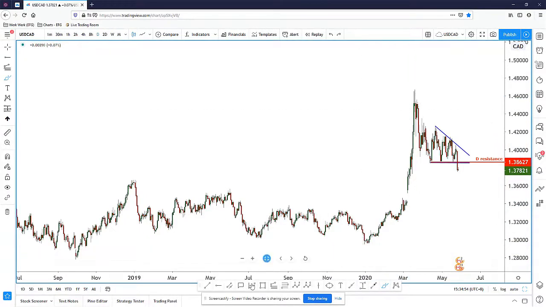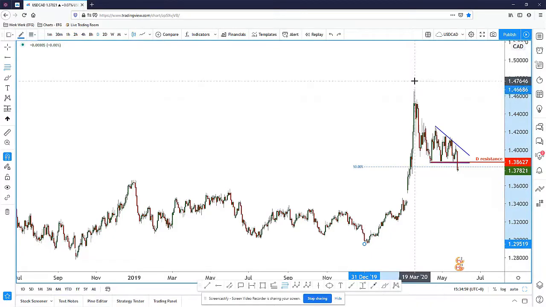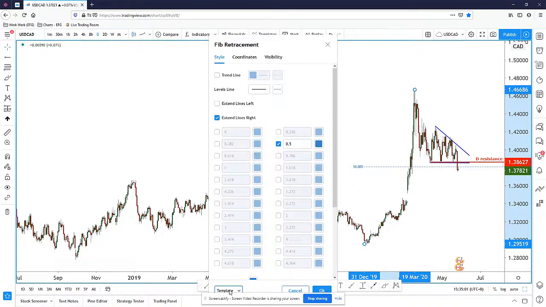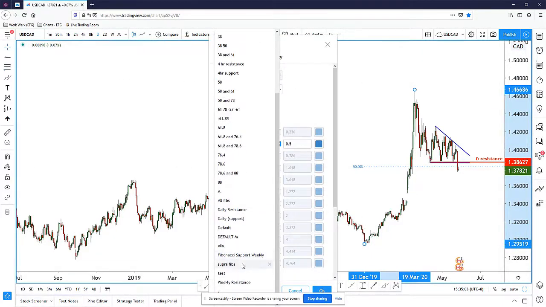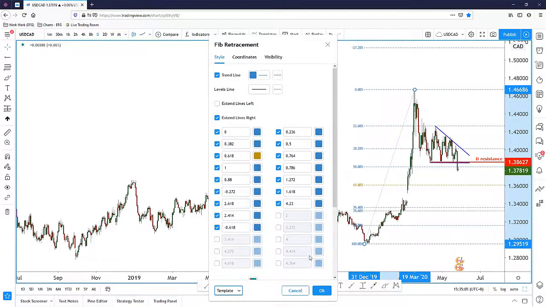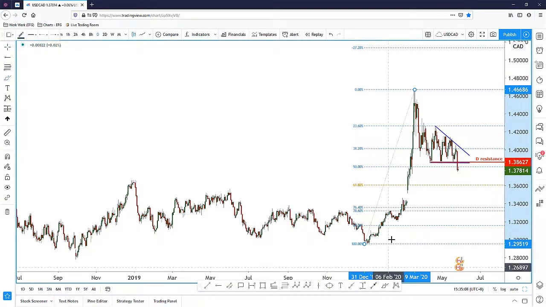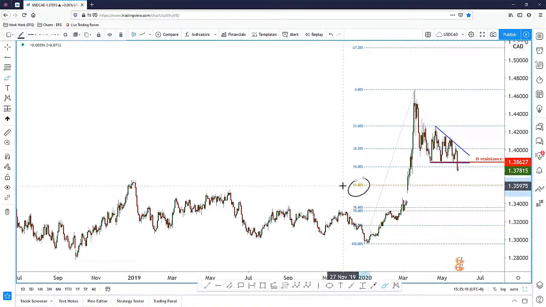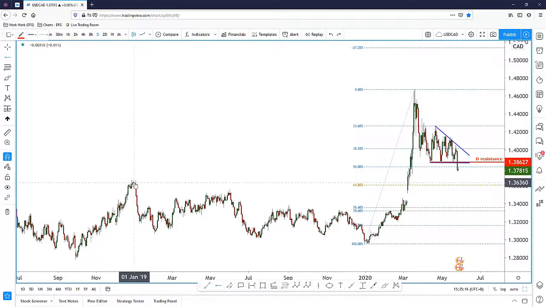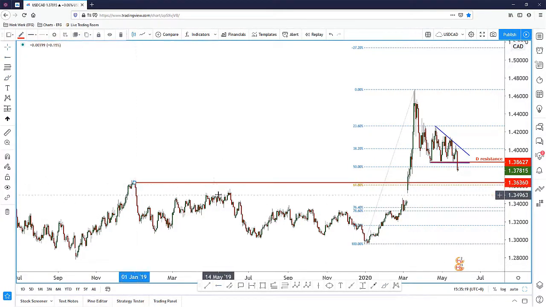So let's take a retracement level. We see that price has already broken the 50%. The next level that price will go to will be the 61.8. And if I were to take a line and extend it backwards for the 61.8, we can see that price comes close to this graphical overlap here back in December 2018.